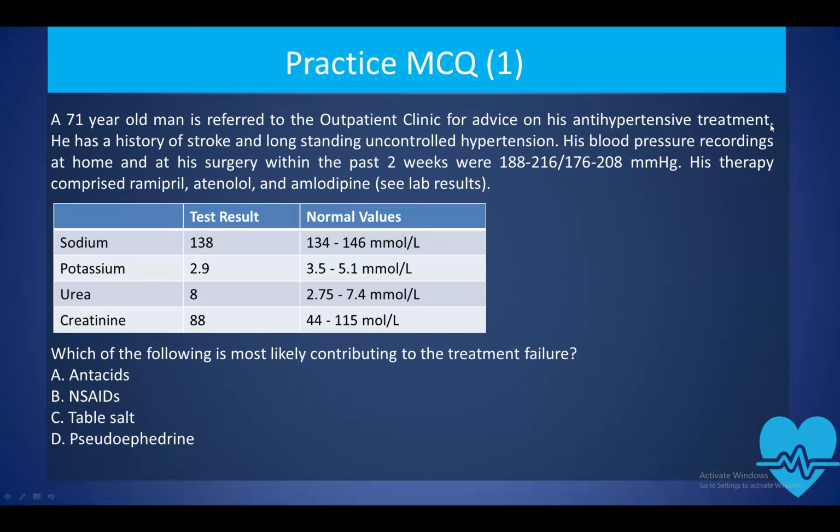His therapy comprised ramipril, atenolol, and amlodipine. These are his lab results. Which of the following is most likely contributing to the treatment failure? Antacids, NSAIDs, table salt, or pseudoephedrine?